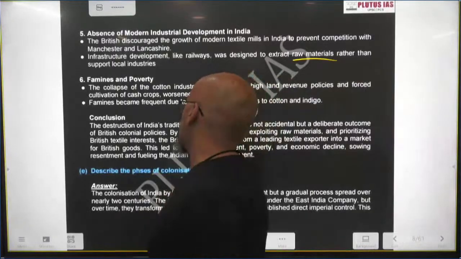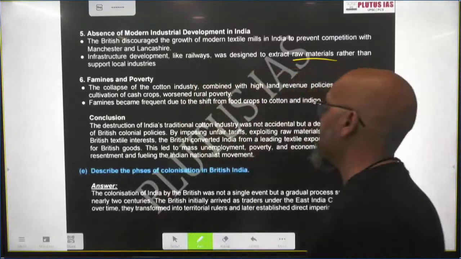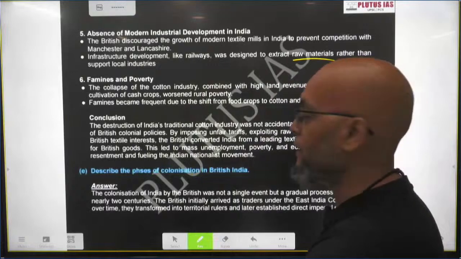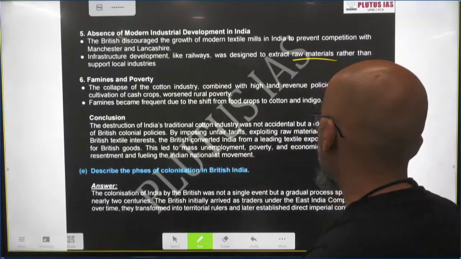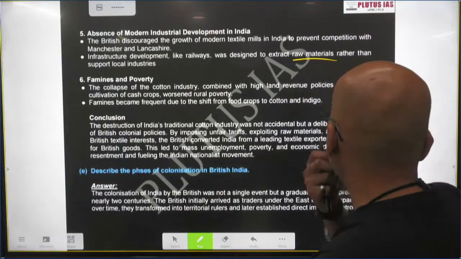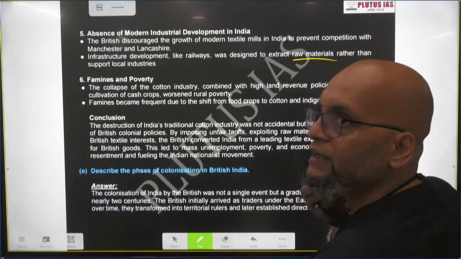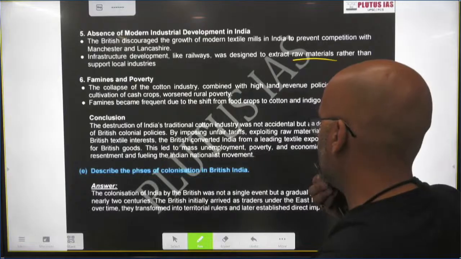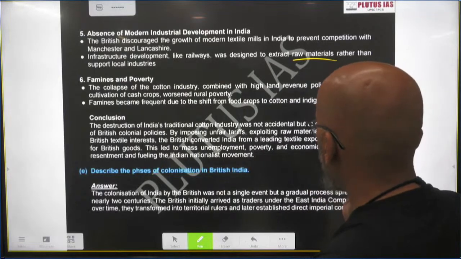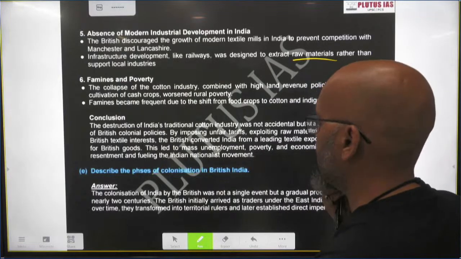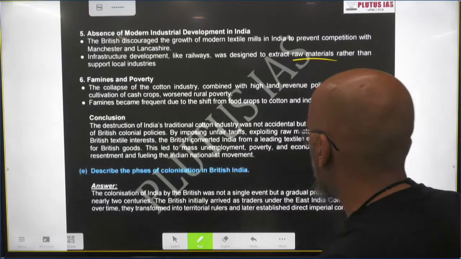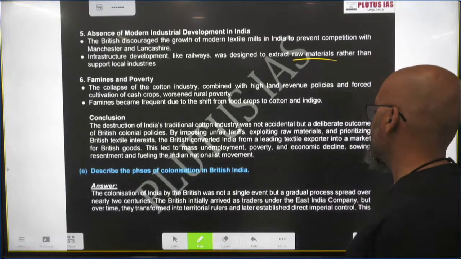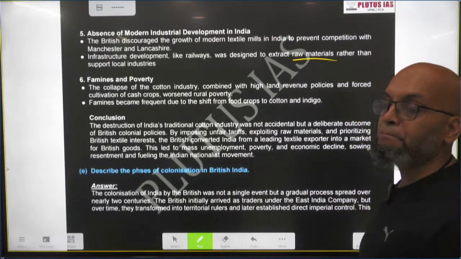Next is, describe the phases of colonization in British India. The colonization of India by the British was not a single event but a gradual process spread over nearly two centuries. The British initially arrived as traders under the East India Company, but over time they transformed into territorial rulers and later established direct imperial control.